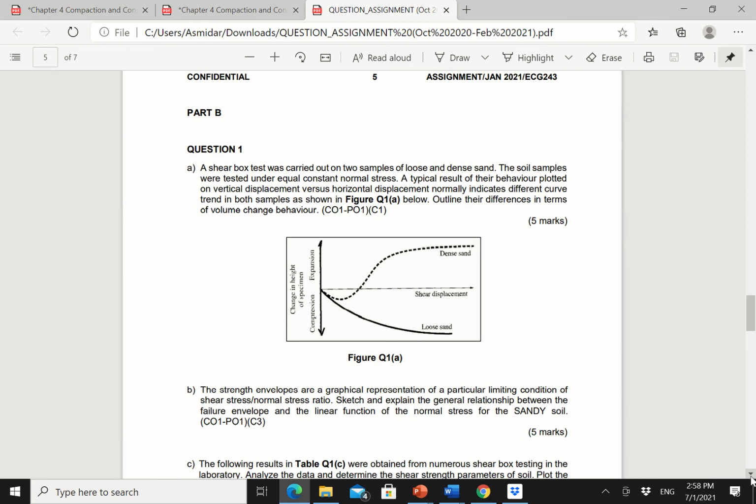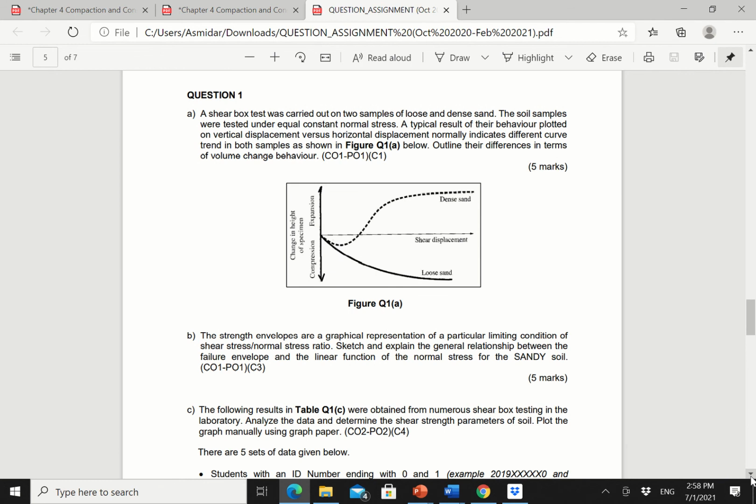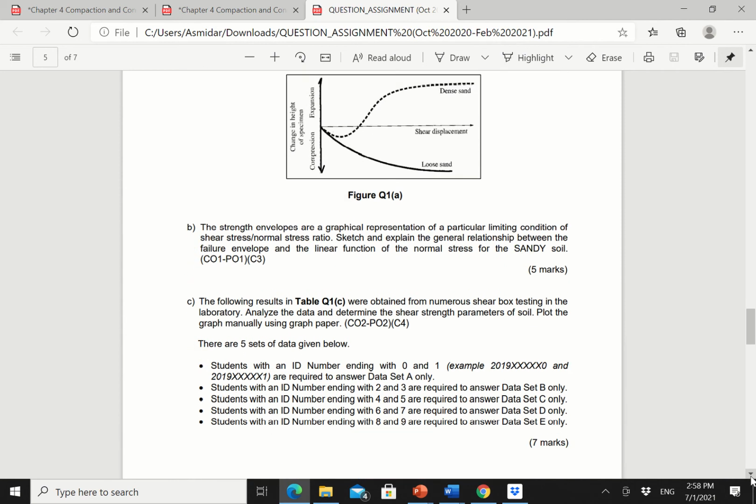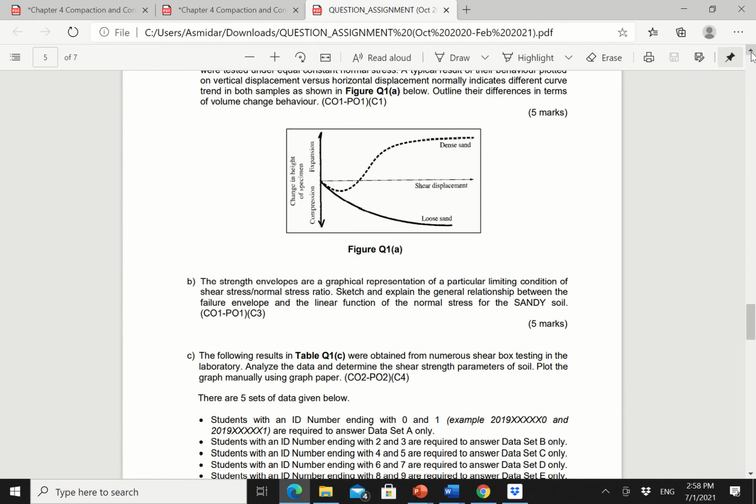Part B is related to the shear strength of soil. For question number 1, the behavior of dense sand and the behavior of loose sand is given. The question asks you to outline their differences in terms of volume change behavior. So you need to find related information and reasons why dense sand and loose sand behave differently.